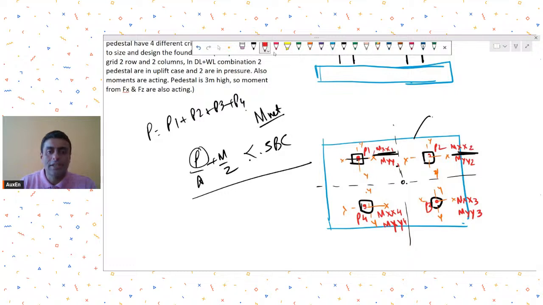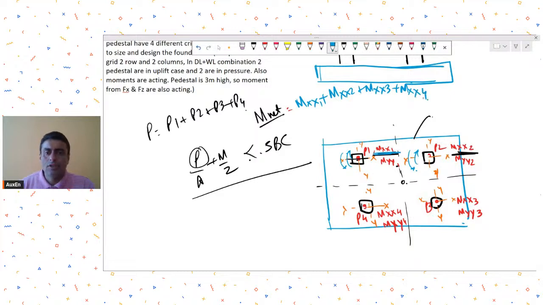You will first take the algebraic addition. Algebraic addition means as per the direction of this Mxx1, whether it is acting like this or like this, you algebraically add them. Plus you also need to consider the effect of these axial loads and their eccentricities.